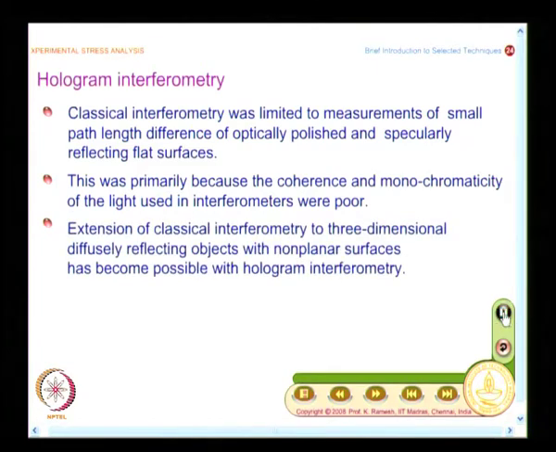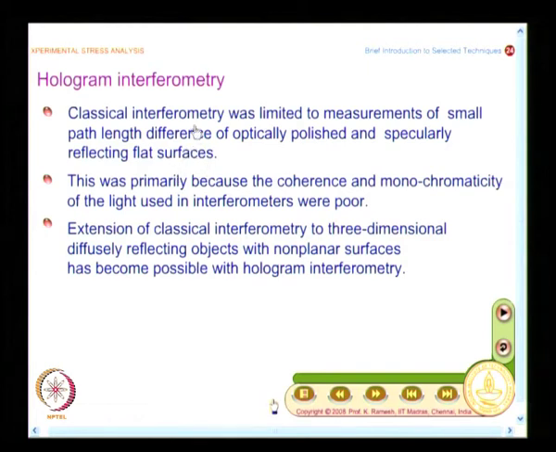The earlier mercury arc lamp had monochromaticity not to the extent of what you have in laser, and coherence was also limited. So, we were confining only to small path difference.